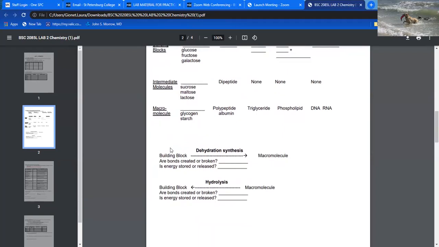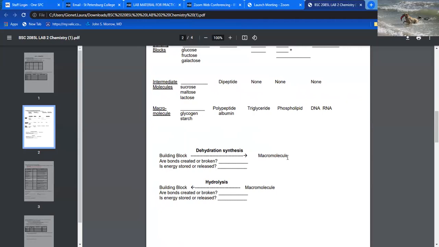Okay, so down below, there are 2 types of reactions you need to be fluent with. We either have a reaction that takes smaller things and puts them together, called dehydration synthesis. Dehydration means to remove water and to put together. So below dehydration synthesis, we have building block, and then an arrow pointing to a macromolecule.